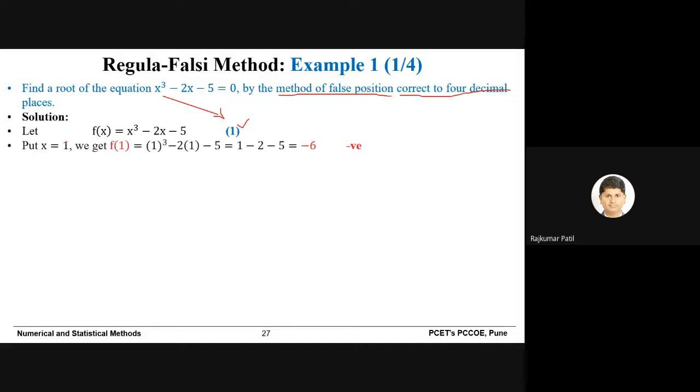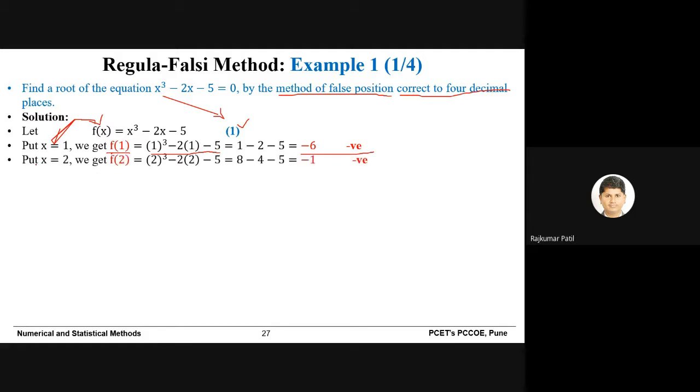First, we put x equal to 1 in this equation. f of 1 is 1 cube minus 2 into 1 minus 5, and upon simplification you will get minus 6. That is, f of 1 is negative.